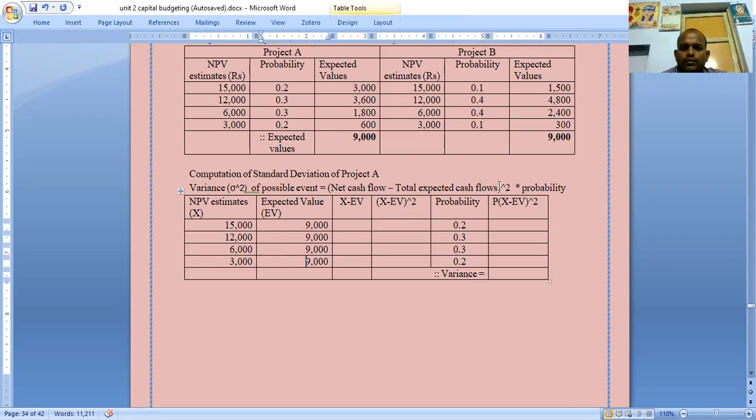So we have to do power 2, squaring. We have to square. So again we have to multiply with the probability. Okay.